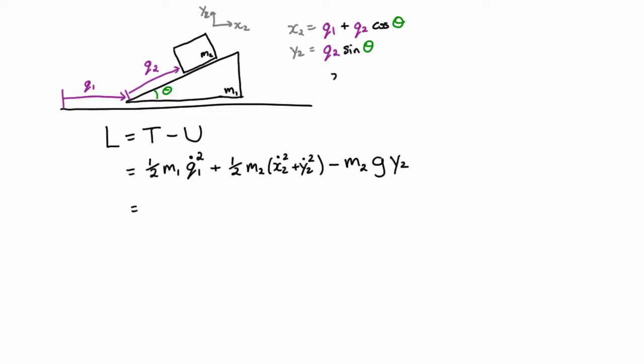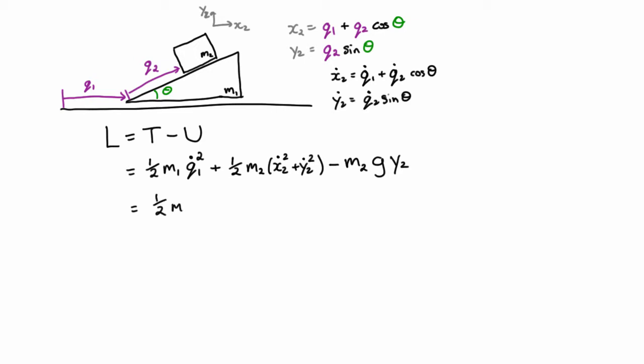If I go here, I've got x2 dot is going to be, taking the derivative of this, q1 dot. And theta doesn't change, so it's just going to be plus q2 dot cos theta. And y2 dot.